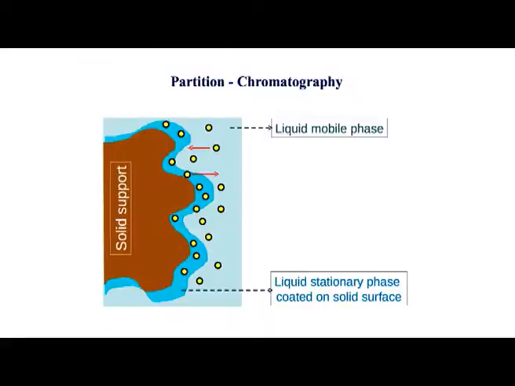The components that are more easily soluble in the mobile phase will just flow with the mobile phase, but those that are not easily soluble in the mobile phase, while more soluble in the stationary phase, that is the liquid adsorbed on the support, will go through that one.